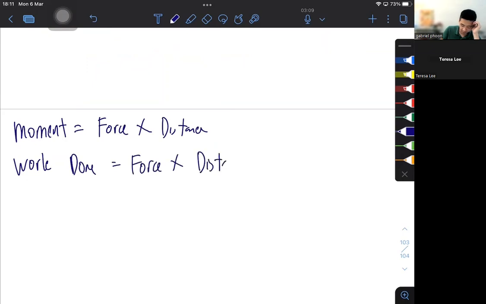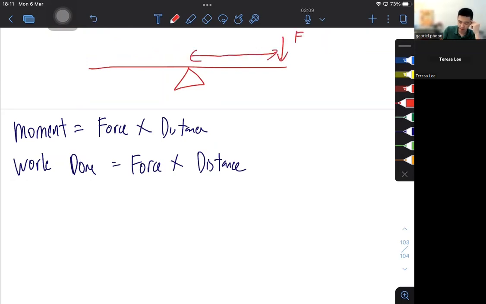But the main difference between these two formulas is that if you think back about what a moment is essentially, a turning effect, right? Like for example here, if today this is the force, this will be the distance that causes the seesaw to turn. This is essentially a moment, right? You'll notice that, guys, the force and distance for the moments usually are perpendicular to each other.